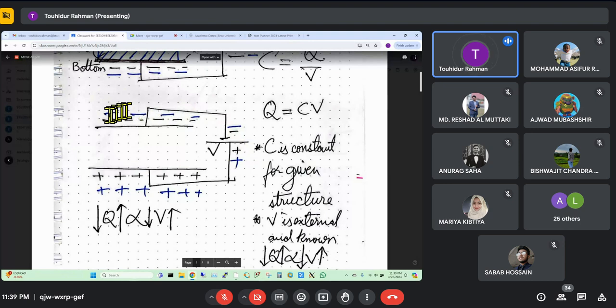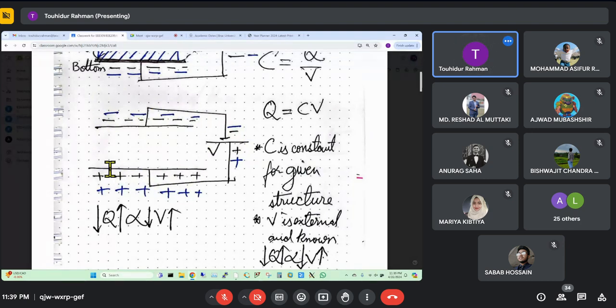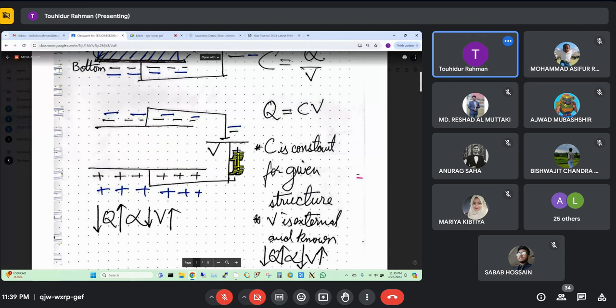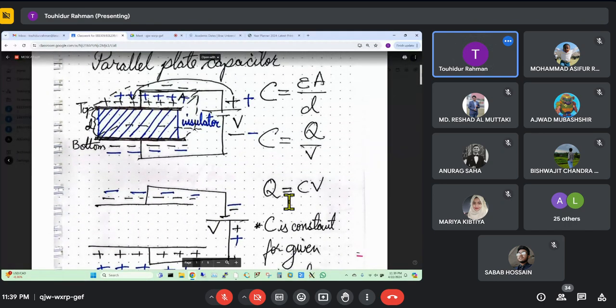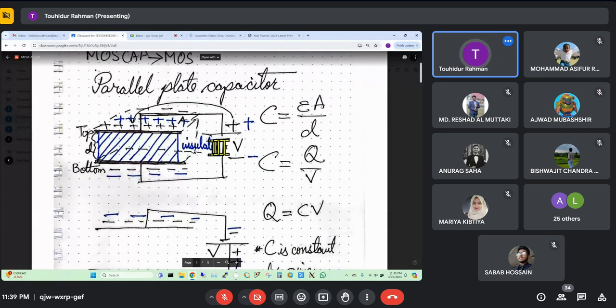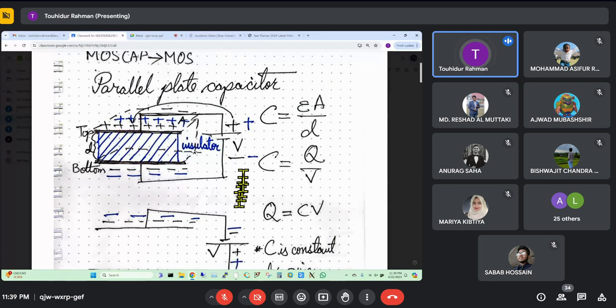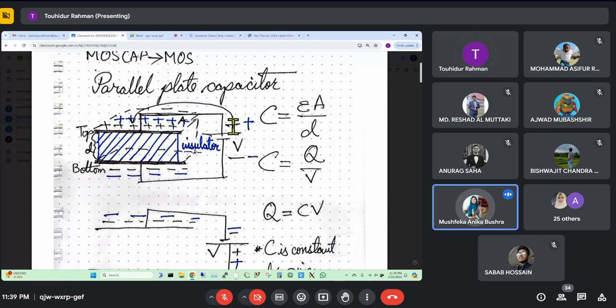Now if we take a look at the simplified view of this parallel plate capacitor, top, bottom, in which we have a voltage. Anyway, we can actually continue discussing. So first of all, if we apply a certain voltage, that voltage... Sir, the sound is not clear. Okay.